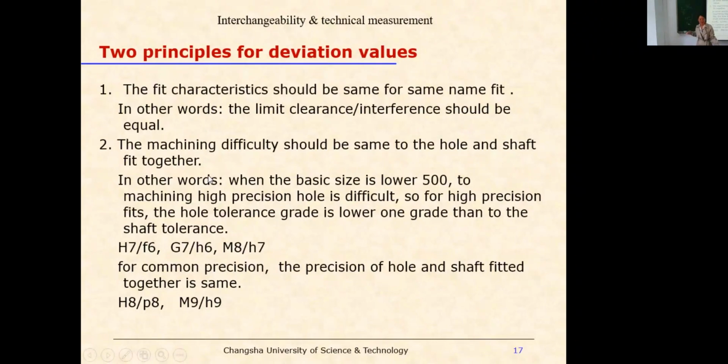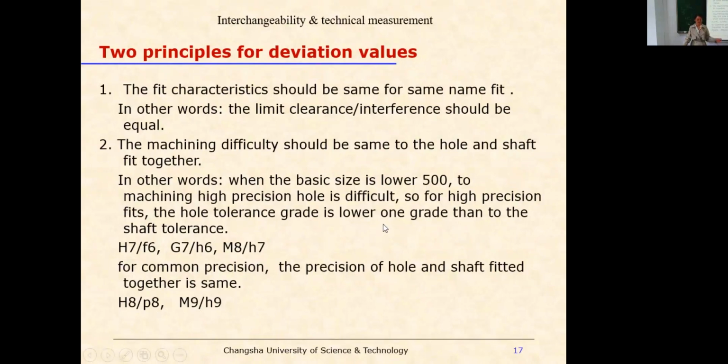Like H8, P8, M line, H line, they are meaningful, right? So in other words, when the basic size is not 500, machining a high pressure hole is difficult. So for high pressure fits, the hole tolerance grade is not 1 grade lower than the shaft tolerance.